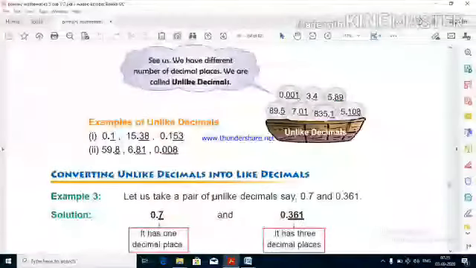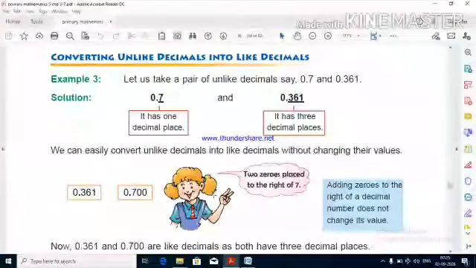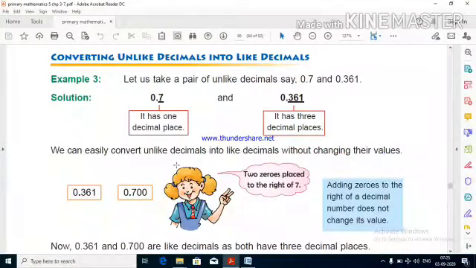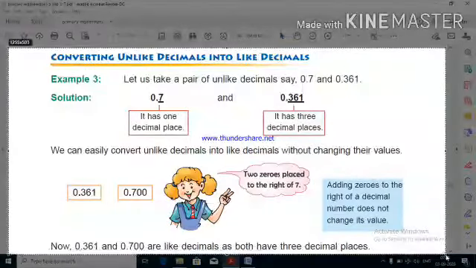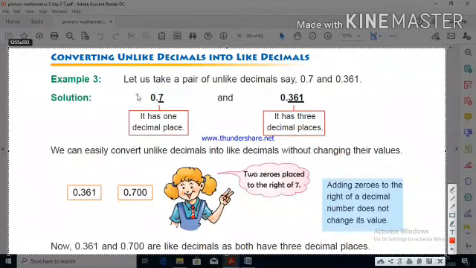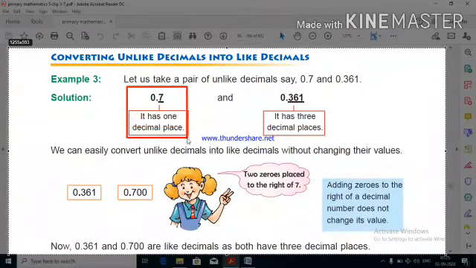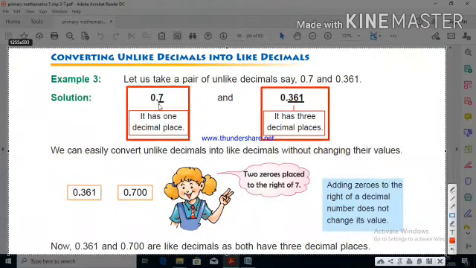Can an unlike decimal be changed into a like decimal? Yes, why not? For this, let us take one example. Take 0.7 and another one, 0.361. In 0.7, how many digits are there? Only 1 digit.